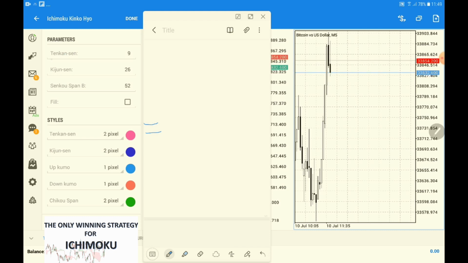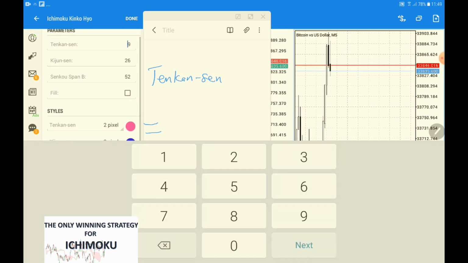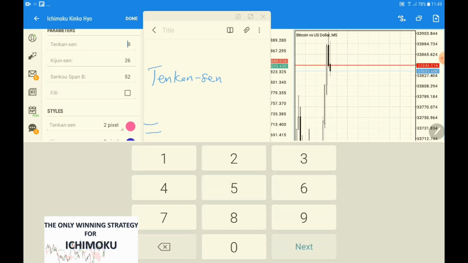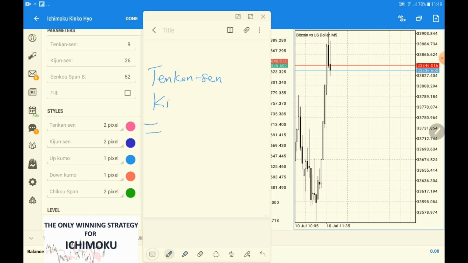We have the Tenkan-sen right there, which is first on the list. Tenkan-sen. We have the Kijun-sen, and then we have the Kumo. Now I understand Kumo means cloud in Japanese. So we have the upper Kumo and then the lower Kumo.